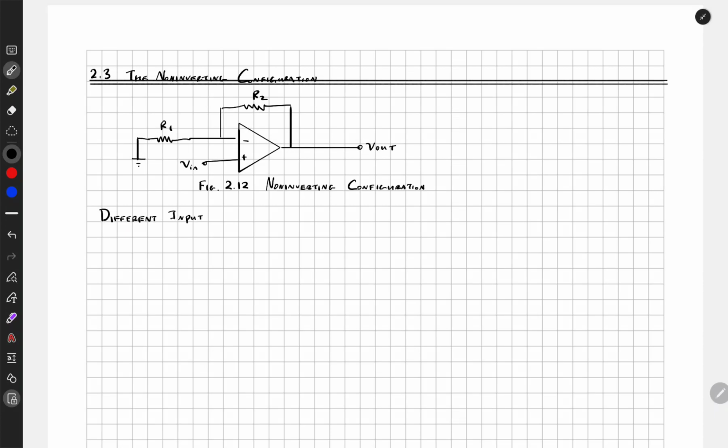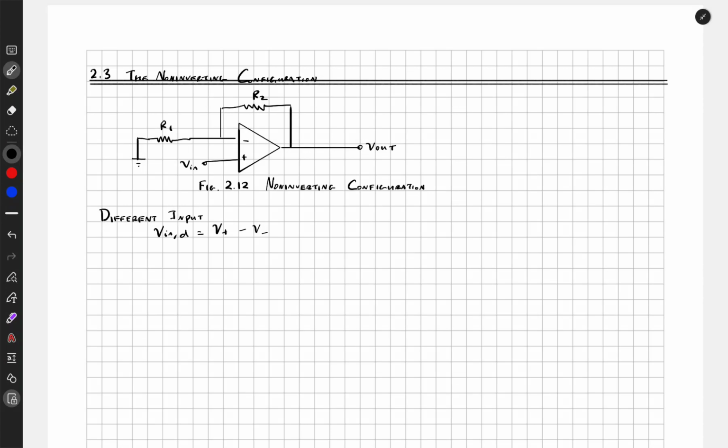The meaning of the differential input signal is that V in D is equal to V plus minus V minus. So that is one thing that remains the same.